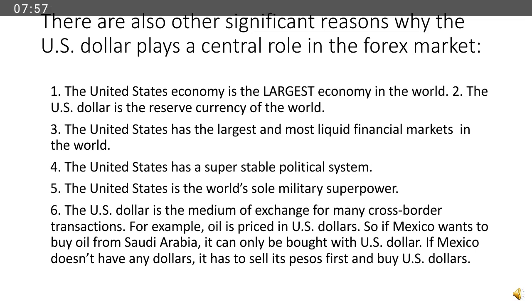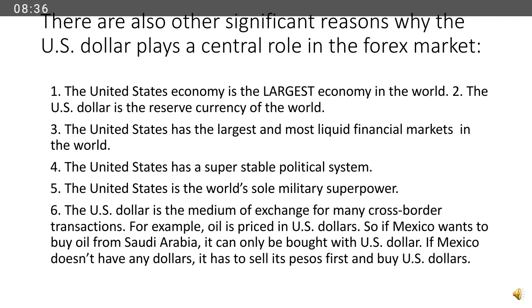Three, the United States has the largest and most liquid financial market in the world. Four, the United States has a super stable political system. Five, the United States is the world's sole military superpower. When it comes to military power, we give it to the United States. They are the strongest.